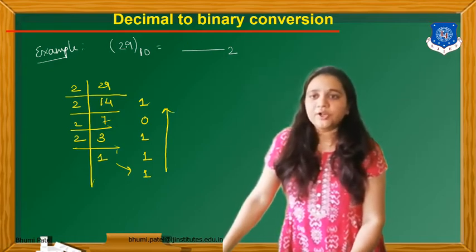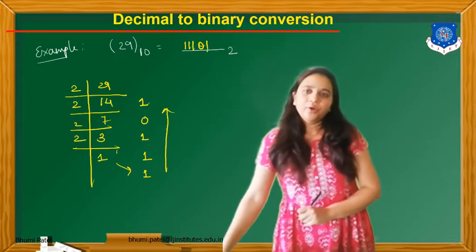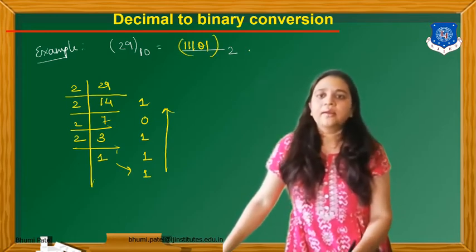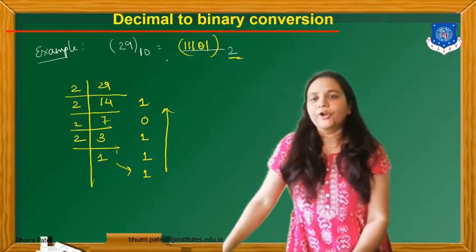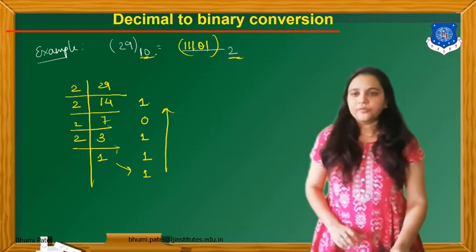So the conversion of 29 decimal to binary is 11101. You write the binary number in brackets, and the base is 2 for binary, and for decimal it is 10. Clear?